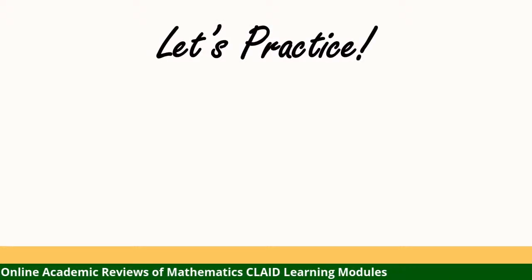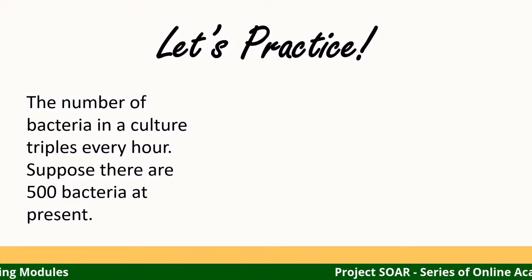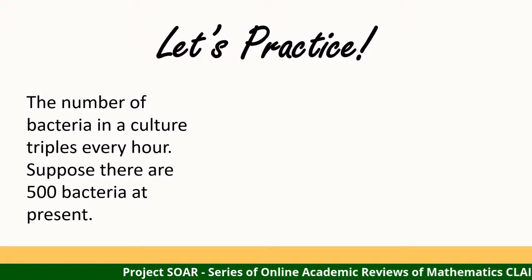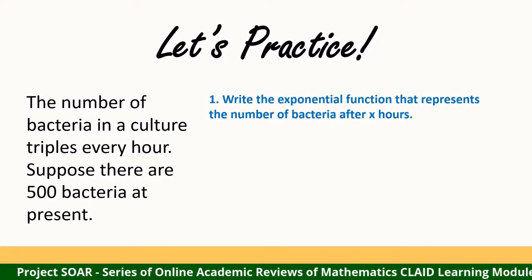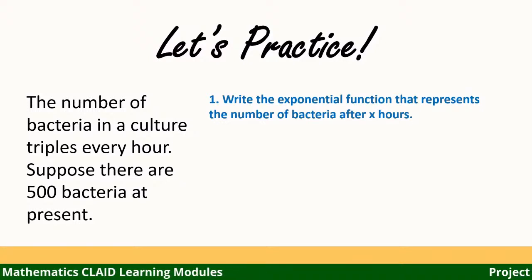Let's practice. The number of bacteria in a culture triples every hour. Suppose there are 500 bacteria at present. Write the exponential function that represents the number of bacteria after X hours.